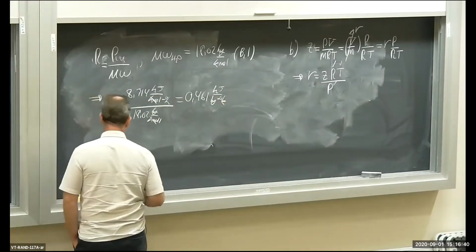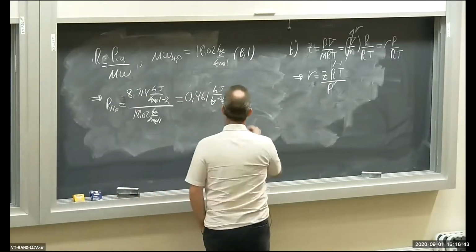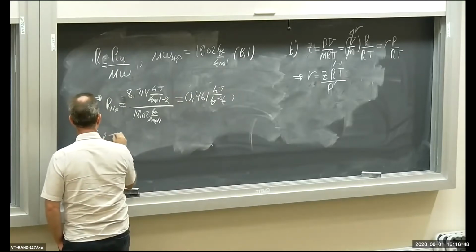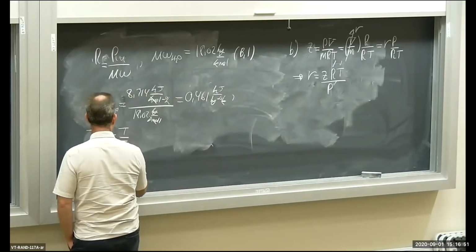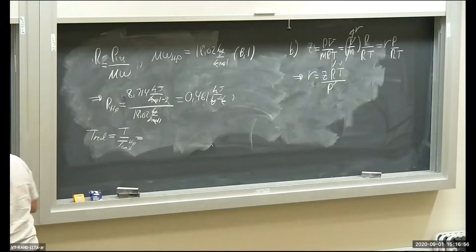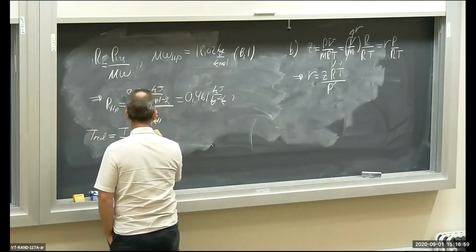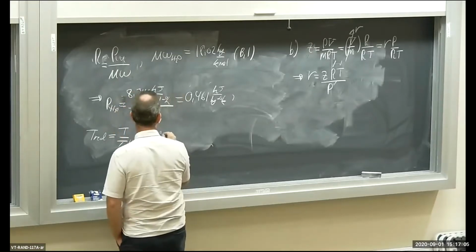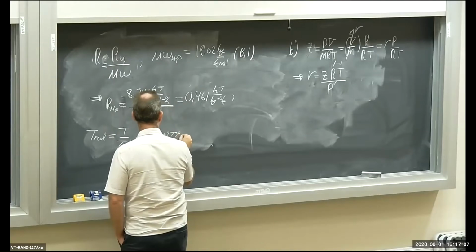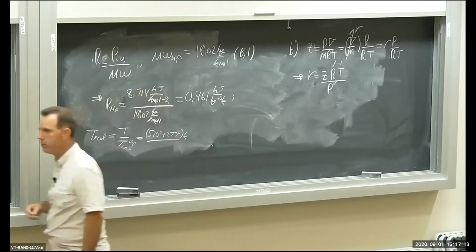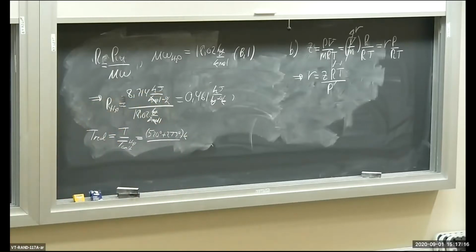So let's calculate the reduced temperature and pressure. So T reduced is equal to T divided by T critical for H2O. Let's see, the temperature is 520 degrees C. Critical temperature and pressure are going to be in Kelvin, so I need to add 273 to get it in Kelvin. So let's look up the critical temperature for H2O.